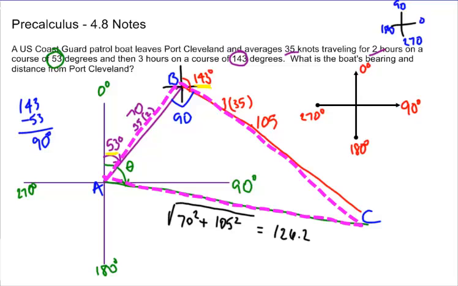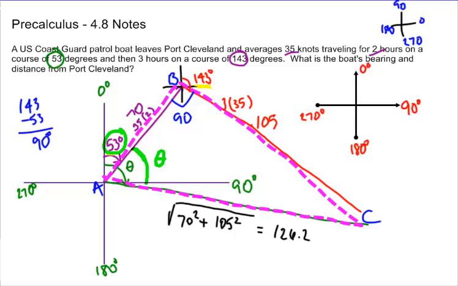When you punch it into your calculator, you get about 126.2 nautical miles. Now I've got all 3 sides listed. If I can figure out this angle theta right here, can I add that to 53 to get the bearing for my boat? The answer is yes, I can. I just need to figure out what theta is.